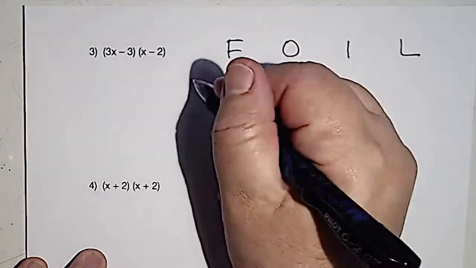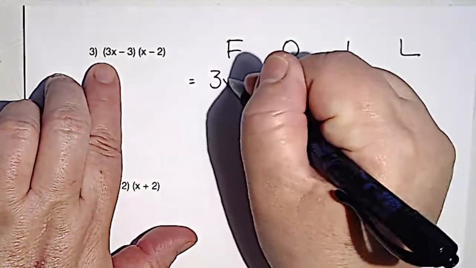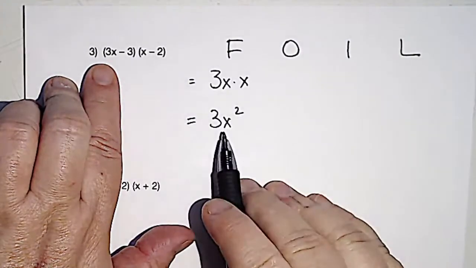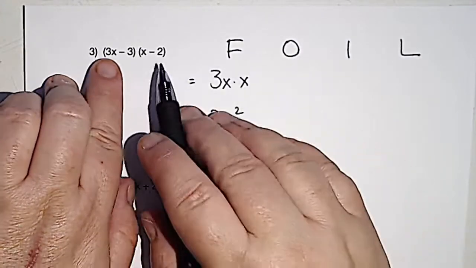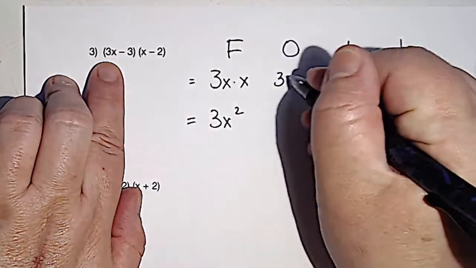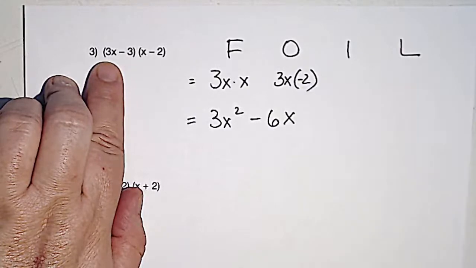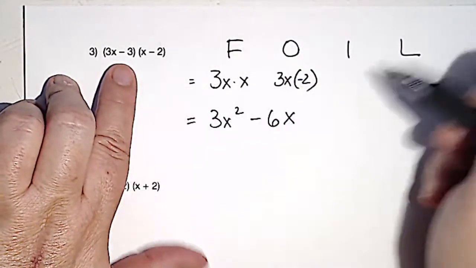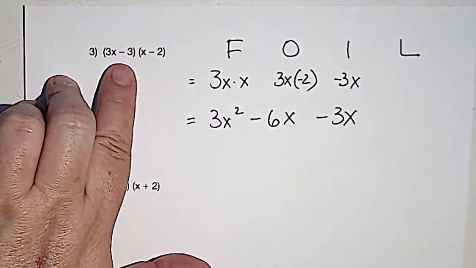Okay. Woohoo. First, 3x times x. That's going to be 3x squared, right? You can go straight to this line if you'd like. O for outer or outside, 3x and -2. That's minus 6x. I, inner, that's the middle two, -3x, well, that one pretty much just solved itself.